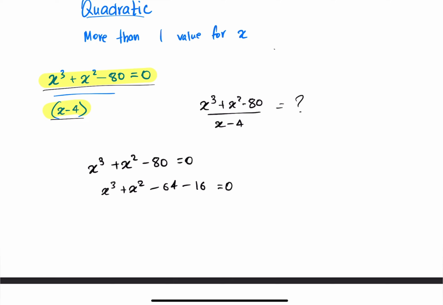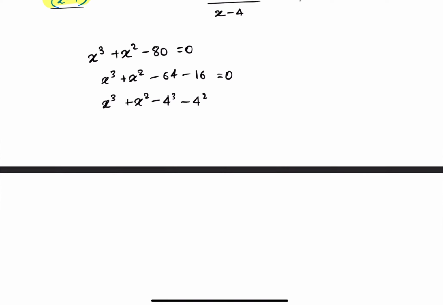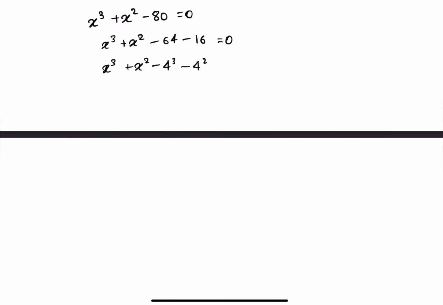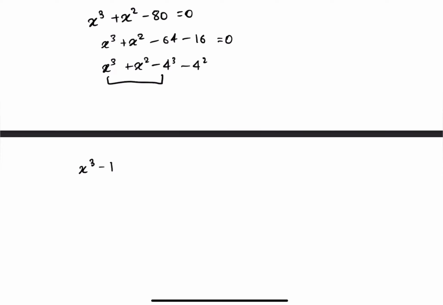And we can write 64 as 4 cubed, and we can write 16 as 4 squared. If we group terms, that would give us x cubed minus 4 cubed plus x squared minus 4 squared.